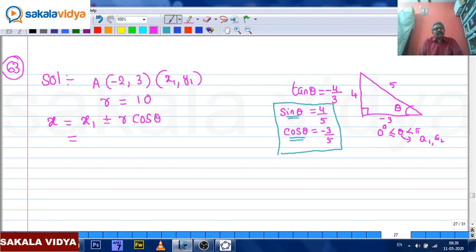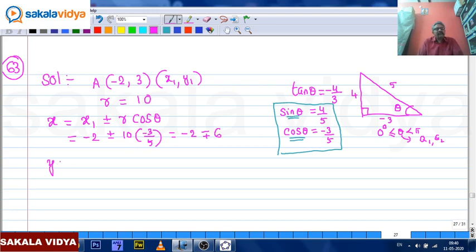So substitute: minus 2 plus or minus r, which is 10, cos theta is minus 3 by 5. So we get minus 2, minus into plus, minus 2 plus or minus 6.